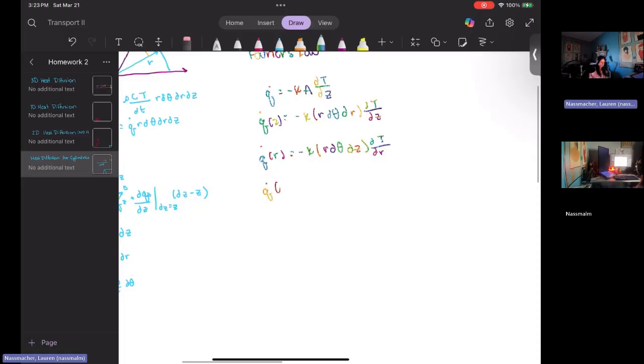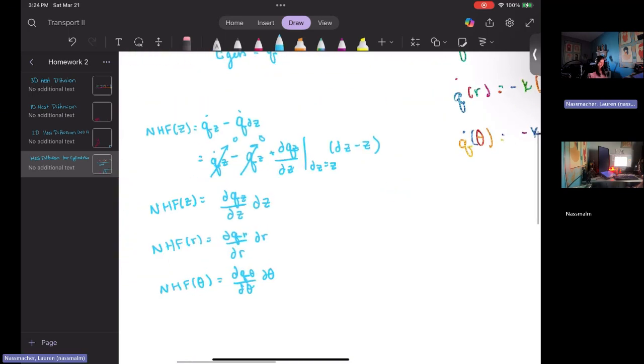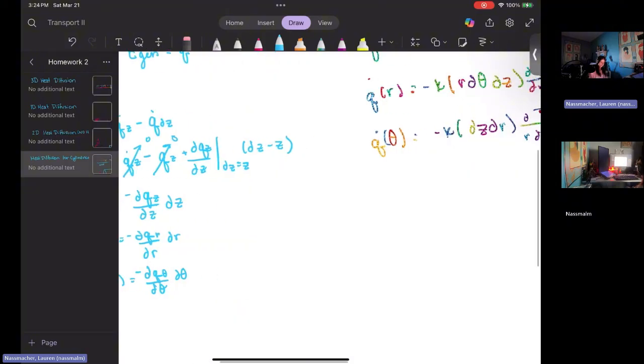Our theta is going to be a little different, and the reason is that you have to consider that theta you have to convert into the correct units. So you're actually going to divide by your radius and your change in theta. Now, because your heat flow is negative, your energy flowing out is negative, you want to remember that all of our net heat flows are negative.